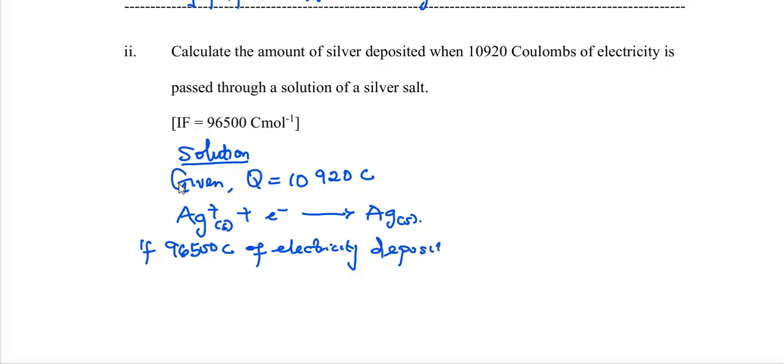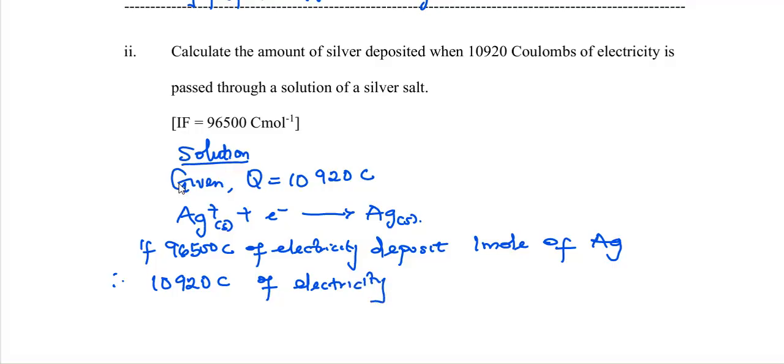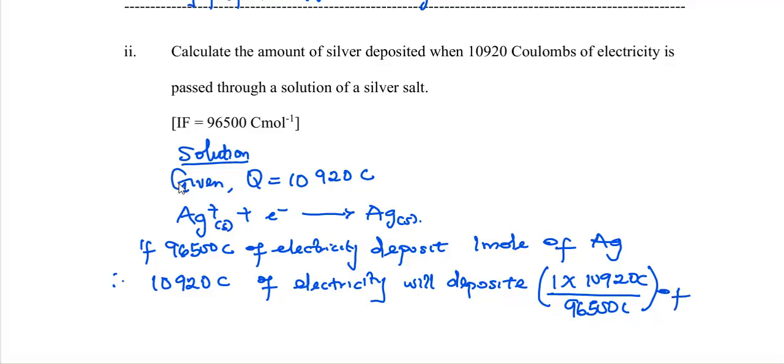deposits 1 mole of silver. Therefore, what we're given, which is 10,920 coulombs of electricity, will deposit 1 multiplied by 10,920 divided by 96,500 mole of silver.